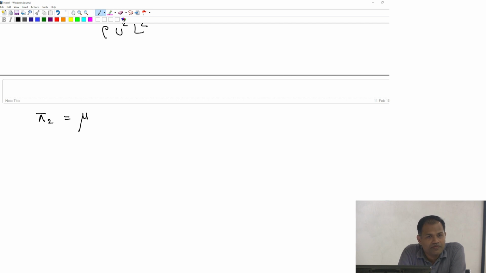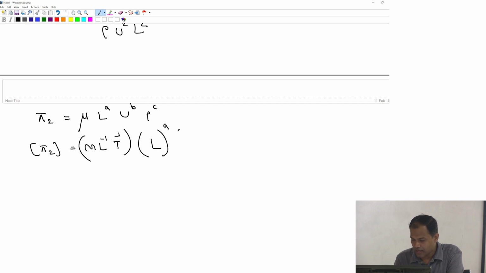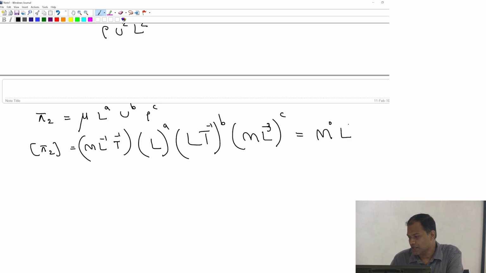Mu is the other variable that we haven't taken care of yet, times L to the power A and then U to the power B and rho to the power C. So that means in terms of dimensions, that's going to be m L to the power minus 1 t to the power minus 1, that's that of the viscosity, times length, length to the power a, velocity L t to the power minus 1 to the power b, density m L to the power minus 3 to the power c, and we will insist that that has to be a non-dimensional number.